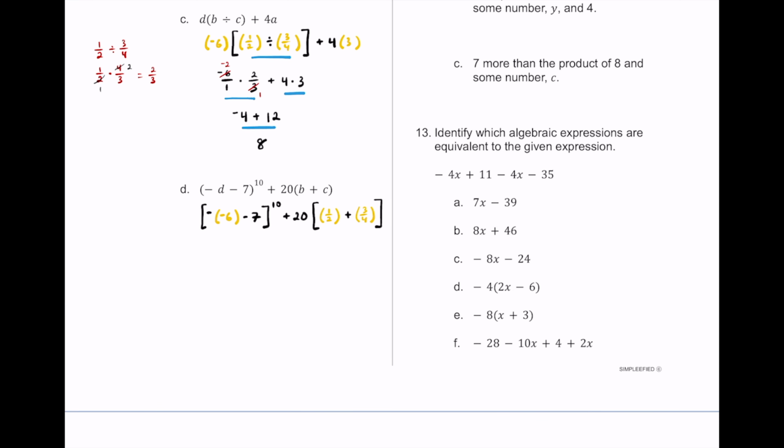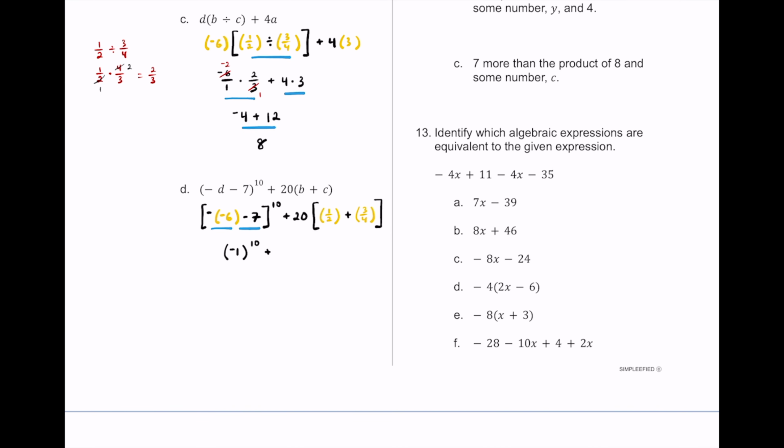Inside this first grouping symbol, we have the opposite of 6, which is really just a regular 6. So it's not really an operation, I guess. Maybe you can think about it as -1 times -6, right? There's an invisible -1 in front. I'm not going to rewrite this whole problem though, but that's going to be 6 minus 7, and then 6 minus 7 is going to be -1. So I'm going to turn this into a -1 raised to the 10th power.